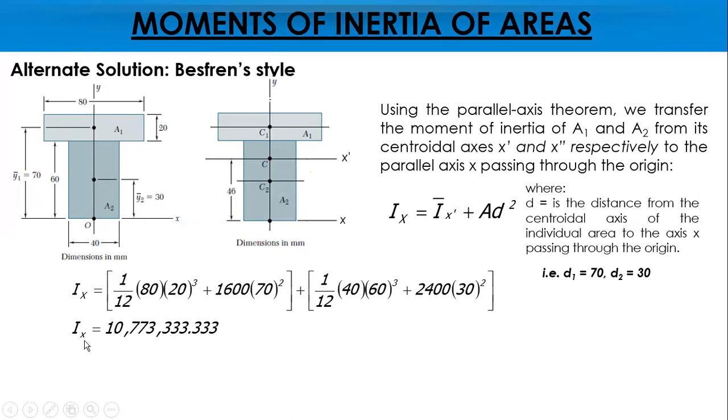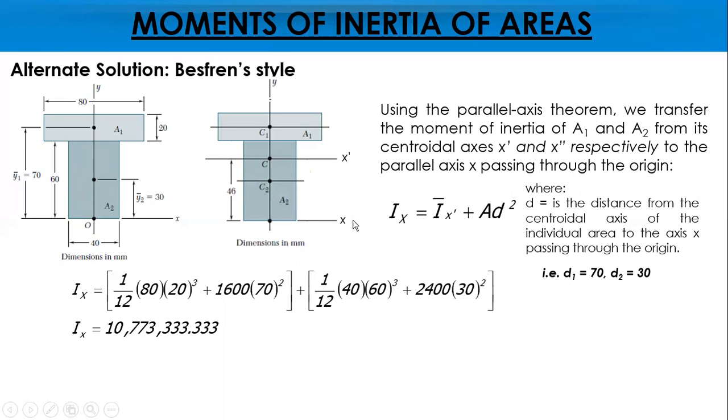Now, this is for the whole area, the sum of 1 and 2. Next, I will no longer consider this one, but I will consider the whole area. This is the centroid of the whole area, and this is the centroidal x-axis, denoted by x prime. And I will use the parallel axis theorem.